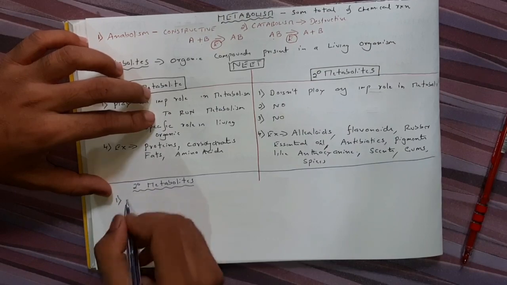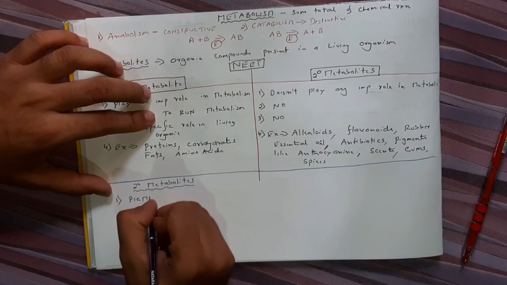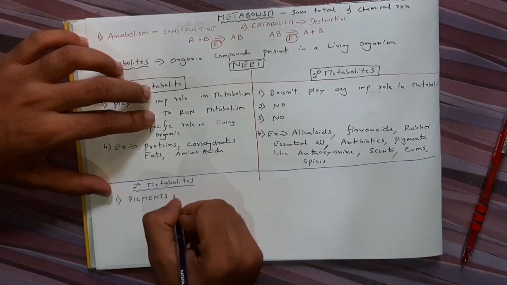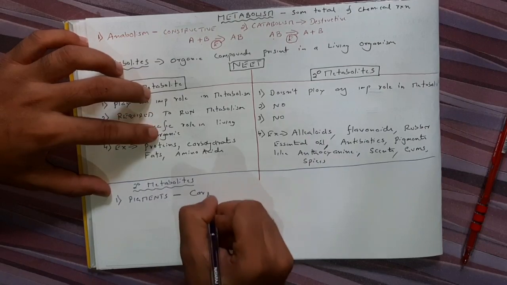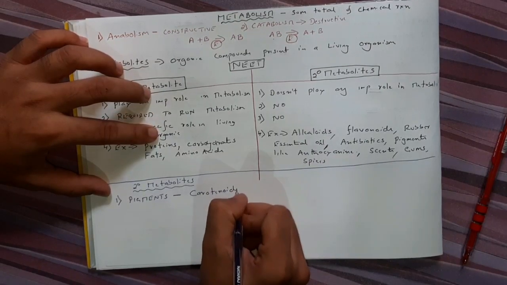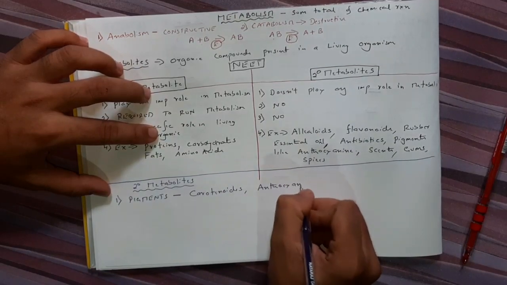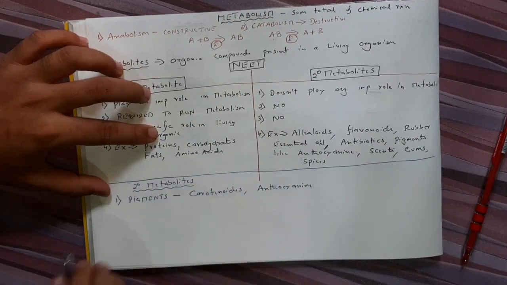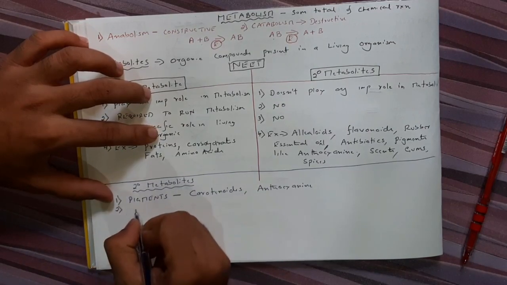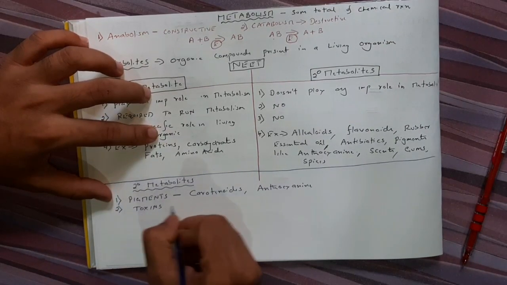The first one, let me write, the pigments. Specific examples for these pigments: carotenoids. You can also write anthocyanin. Mug up this: anthocyanin, carotenoids, pigments. The second type is the toxins, certain toxic materials.